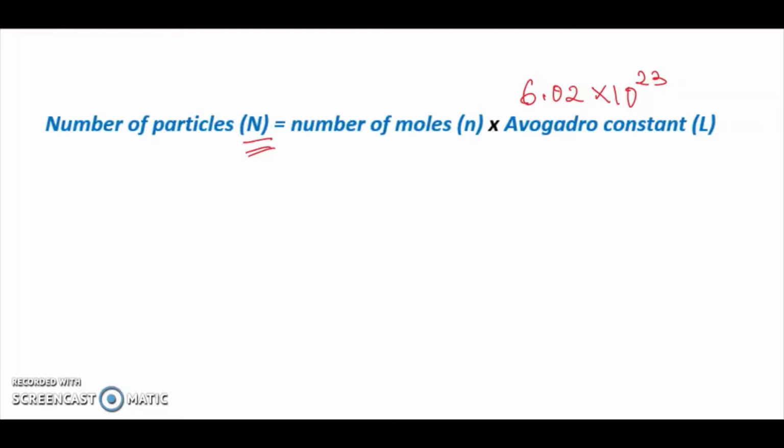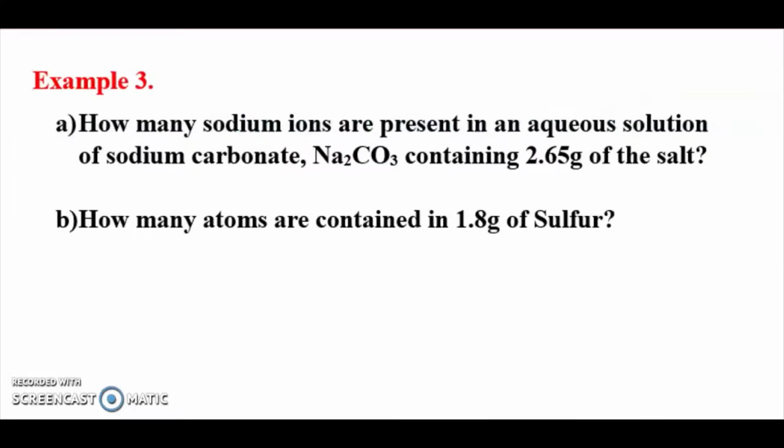So that's the formula we're going to use to calculate number of particles. Let's see how that works. Let's take a look at this example. Example 3. How many sodium ions? Take note here, we are not talking about number of moles of sodium ions. We are talking about sodium ions. How many sodium ions are present in an aqueous solution of sodium carbonate containing 2.65 grams of the salt?